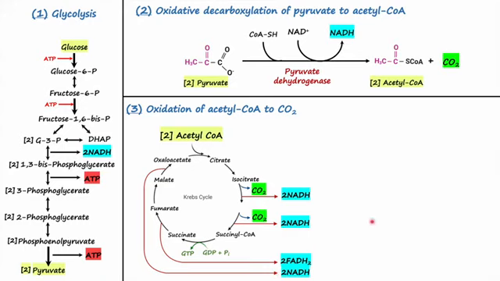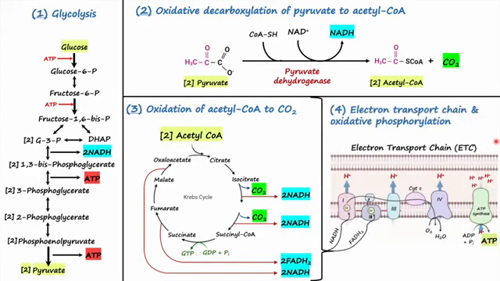Now the final stage is the electron transport chain and oxidative phosphorylation, where NADH and FADH2 give up their electrons to the electron transport chain, and through that process ATP is synthesized or produced.